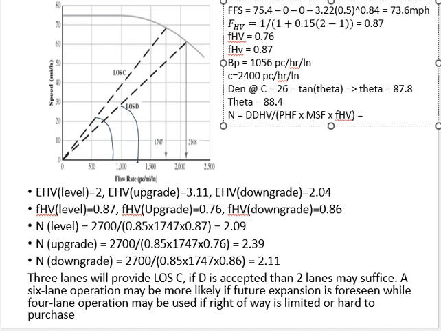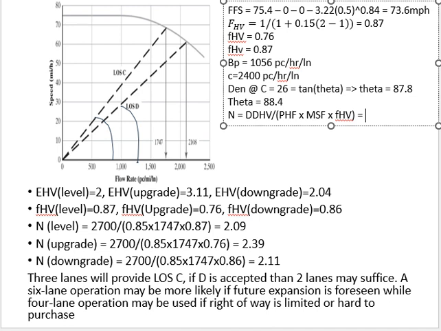Now what is this 1747? This is coming from this intersection point. Once you draw the curve and the line for level of service C, the intersection point gives you the maximum service flow rate. So for C, it is 1747. What was this? This was FHV, factor for heavy vehicles.